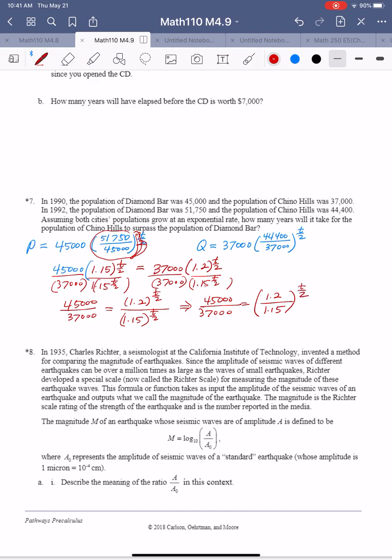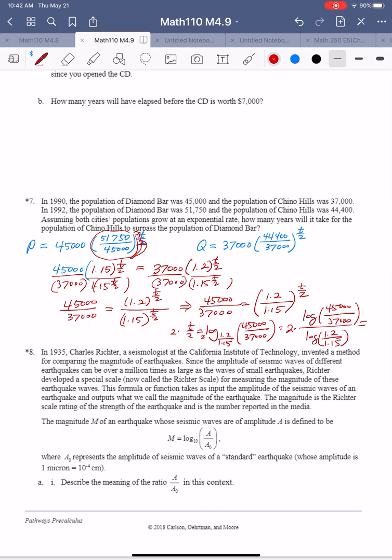And then I'm solving for the exponent. So t over 2 is the log base 1.2 over 1.15 of 45,000 over 37,000. And then multiply by 2 on both sides, which is 2 times the log of 45,000 over 37,000 over the log of 1.2 over 1.15.